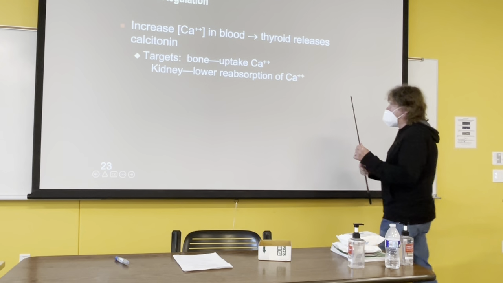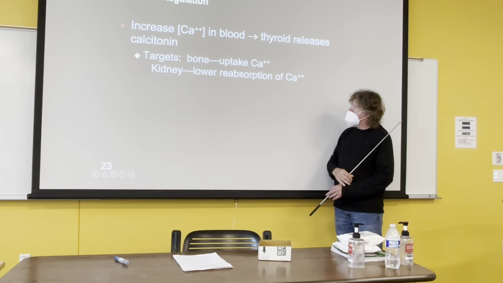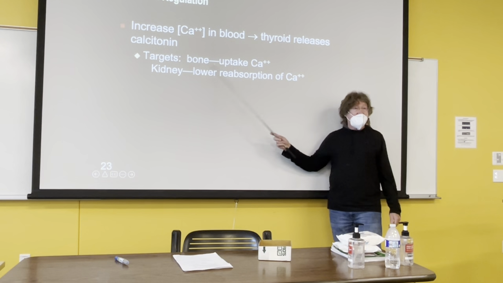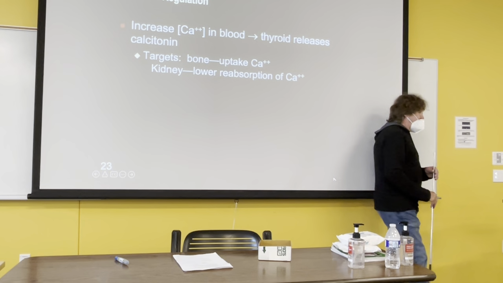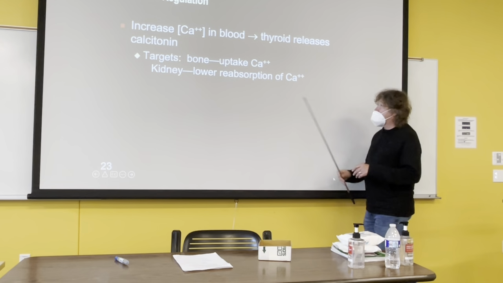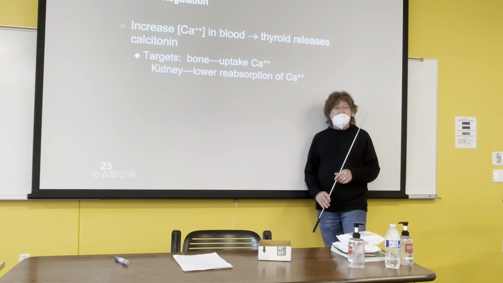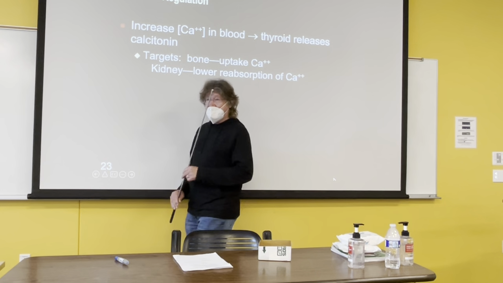Another target is the kidney. Let's get more specific there: distal tubules. What this leads to is it inhibits or lowers the reabsorption of calcium out of the filtrate, so that calcium is eliminated from the body if you have too much of it.